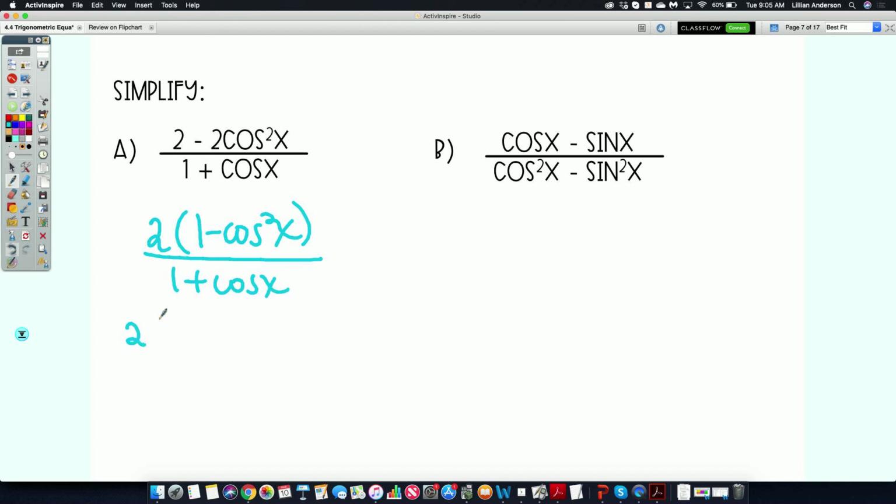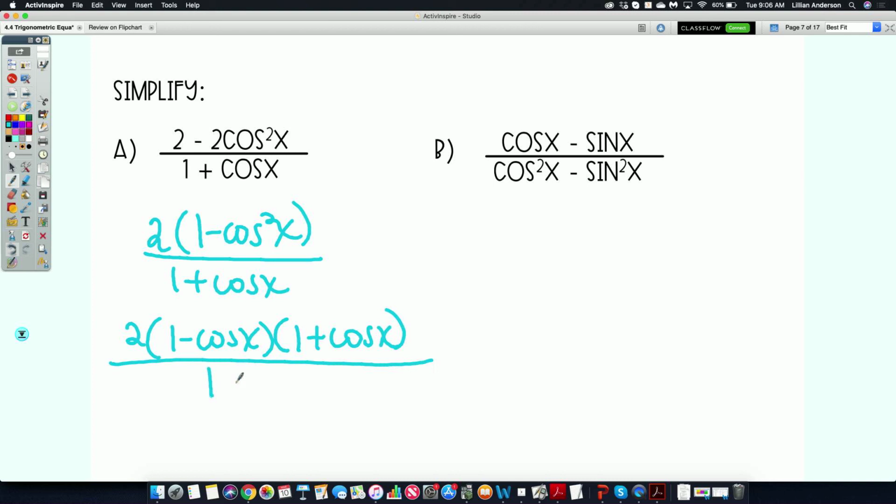That can be factored into 1 minus cosine x times 1 plus cosine x. And when you factor this way, you will see that your 1 plus cosine x cancels out. So then you're left with 2 times 1 minus cosine x. It's the same thing as saying 2 minus 2 cosine x, if you distribute the 2.